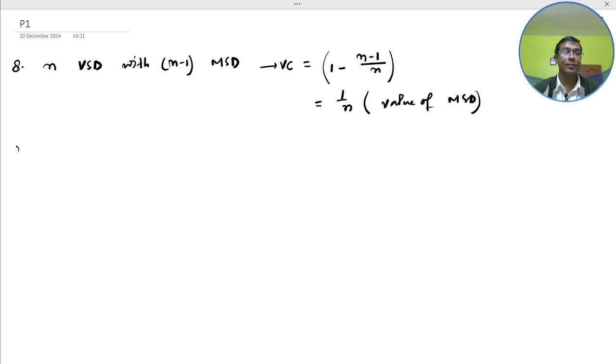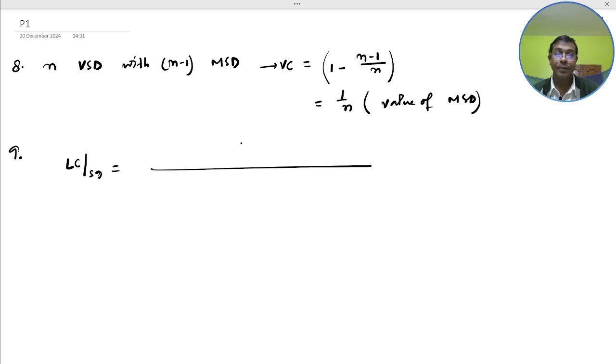So the least count of a screw gauge is basically defined by pitch by number of divisions of the circular scale. So least count for screw gauge is equal to pitch by number of divisions on the circular scale.